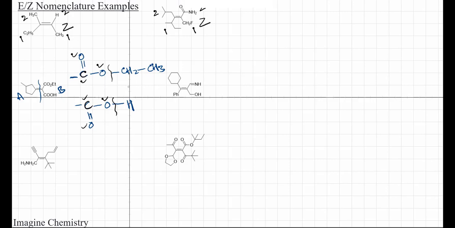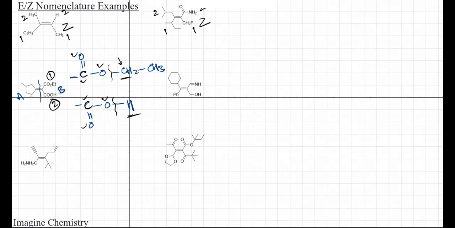I told you that until you find the first point of difference, you just keep comparing. So after this, for the ester group, after oxygen, it is attached to a carbon, whereas for the carboxylic acid, the oxygen is attached to a hydrogen. So now you know which has the higher atomic number. It is obviously carbon. So in this case, ester will have the higher priority compared to the carboxylic acid.